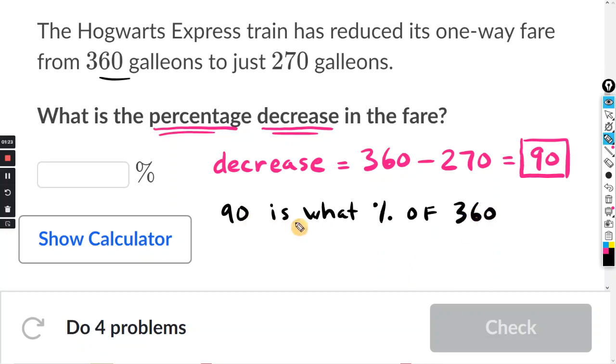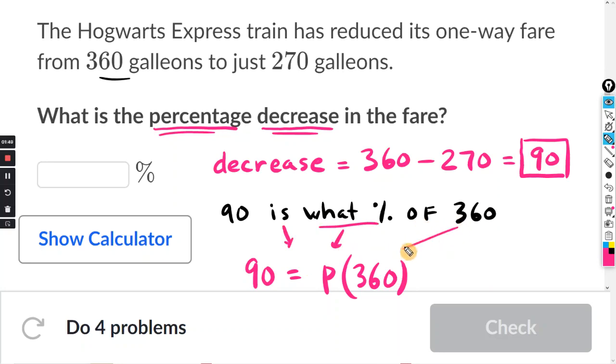Okay, so we can translate this sentence into an equation. 90 is or equals what percent, we can call that percent P, of means multiply, and that's 360. So the is basically equals, and what percent is basically the P, and of means multiply, and 360 is just 360.